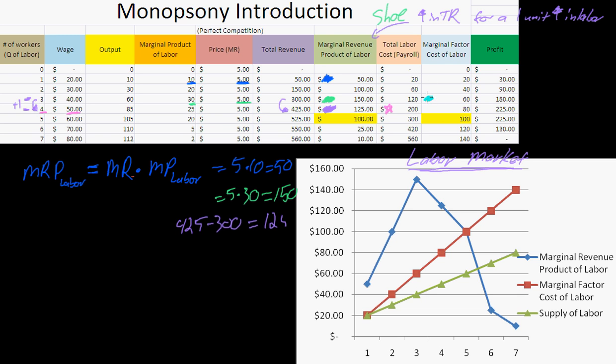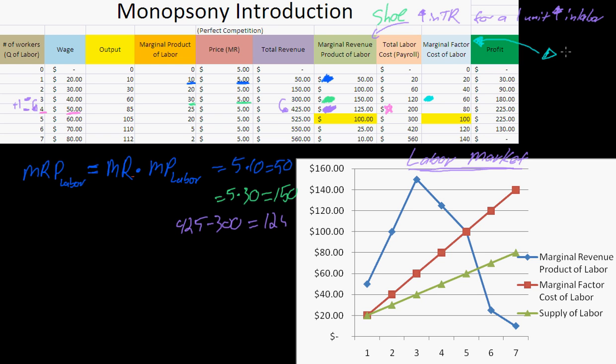The marginal factor cost of labor is the change in total cost. So I'll write this out. This is the change in total cost, and I'll use a delta, a triangle, for the change.